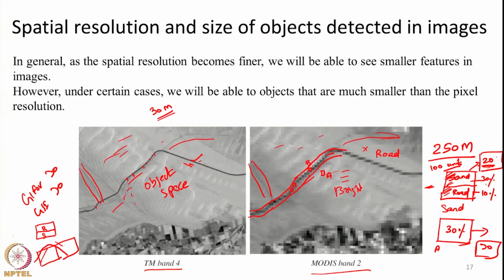There is a very large difference in reflectance between the sand and this particular road. Because of this large contrast between the object of interest and the background, we are able to interpret this road properly even in a coarse resolution image such as MODIS.